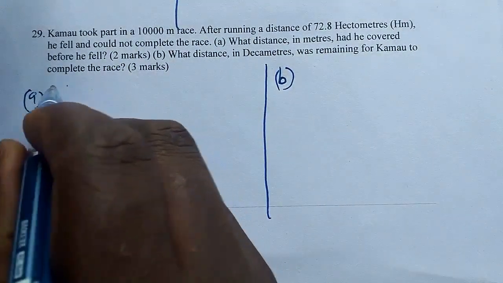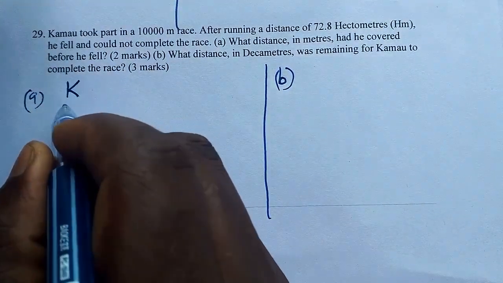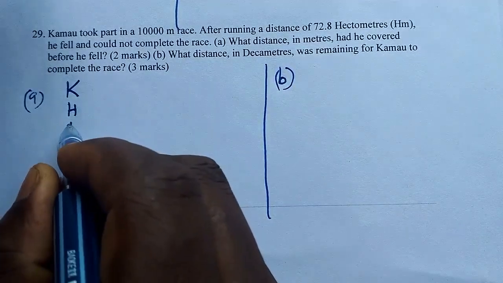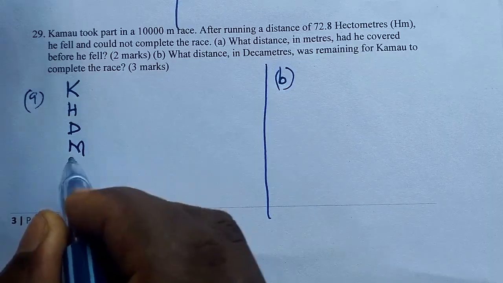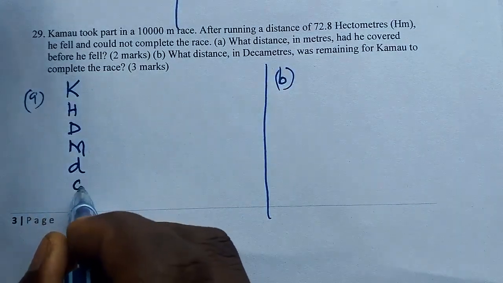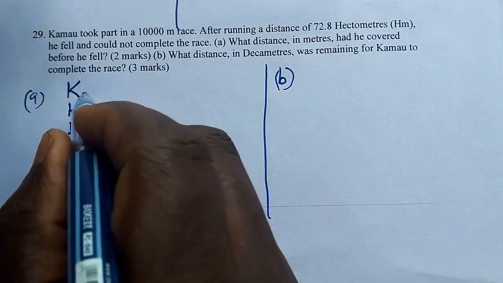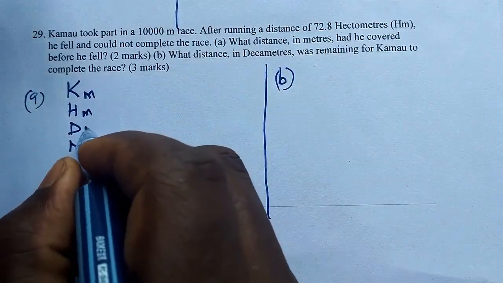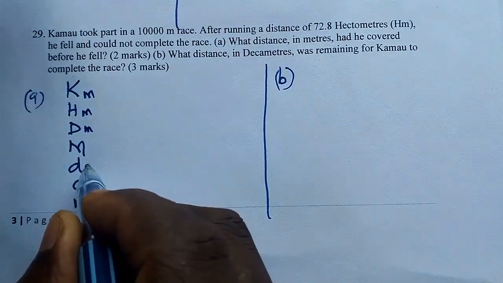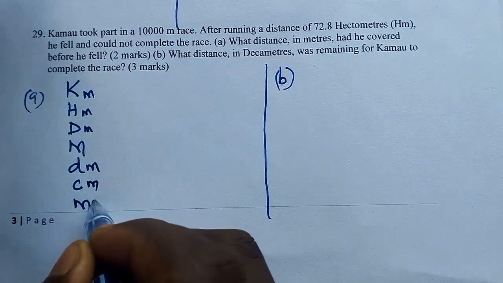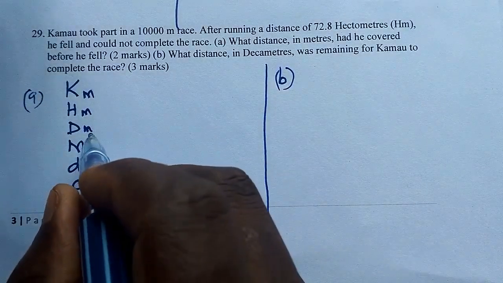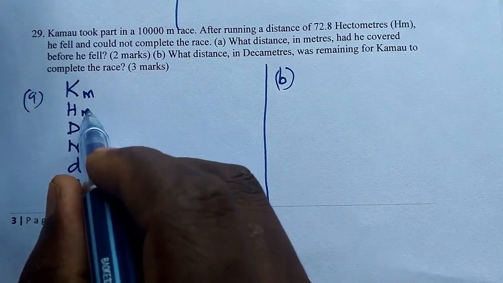The order is kilometers, hectometer, decameter, meters, decimeter, centimeter, and millimeter. So how many meters are there in a hectometer? It is 100.